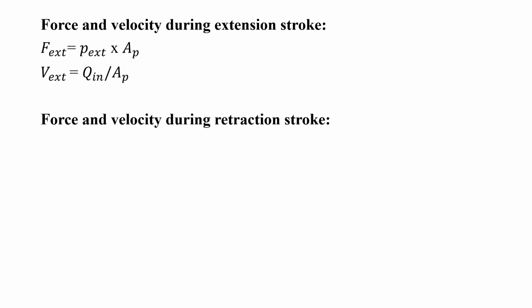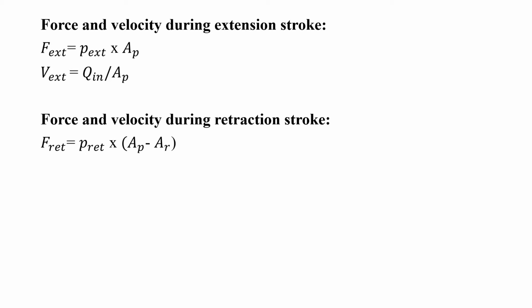Similarly, for force and velocity during retraction stroke, the annulus area will come, so AP minus AR. Force during retraction equals pressure during retraction multiplied by annulus area, which is AP minus AR.